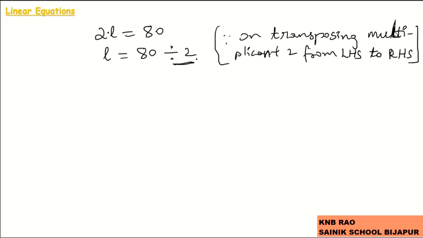So, I have taken as a divisor division symbol, since it is multiplicand here, if it comes the other side, it becomes divisor. So, 80 divided by 2 is 40.